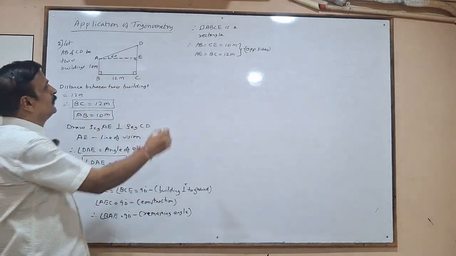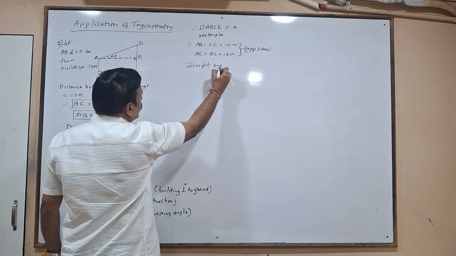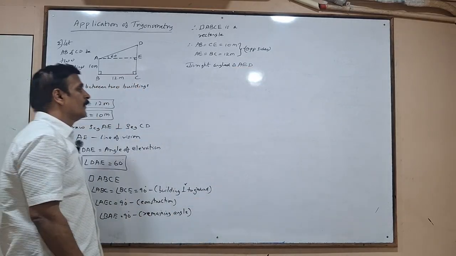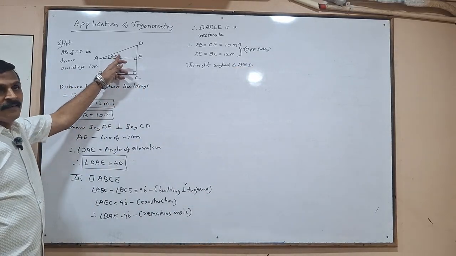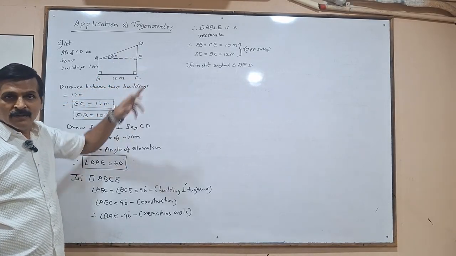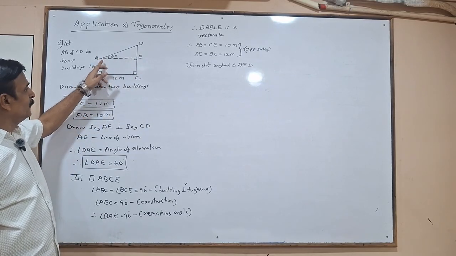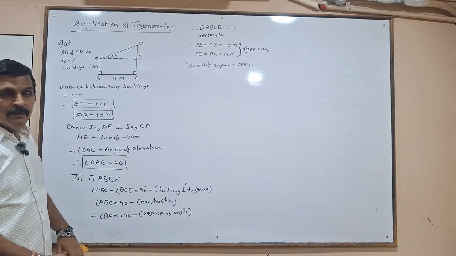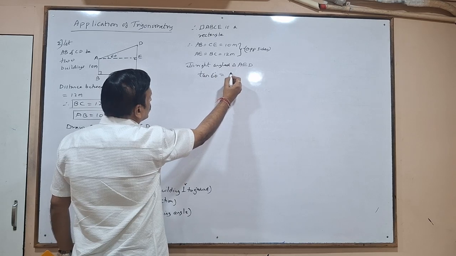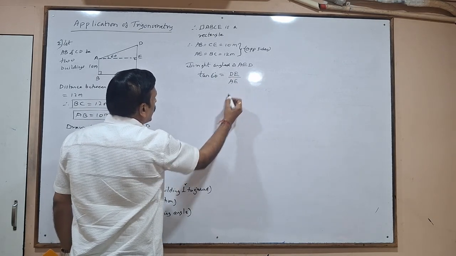So obviously, in right angle triangle AED, angle 60 is known. I want its opposite side, or the perpendicular side, and I know the adjacent side, or the base, which is 12 meter. So obviously I'll go for tan 60, which is DE upon AE.